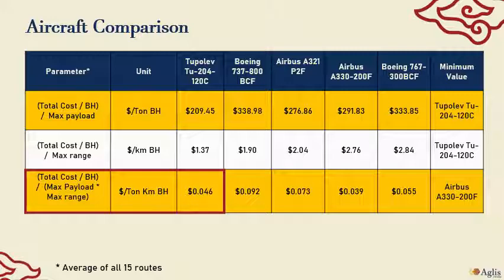From the route aspect, our routes are all domestic routes with a maximum distance of approximately 3,200 kilometers. Thus, we feel it is not important to choose a wide-body aircraft for now. Hence, for the smaller aircraft and through the last parameters, the aircraft that will serve our routes is the Tupolev Tu-204-120C.